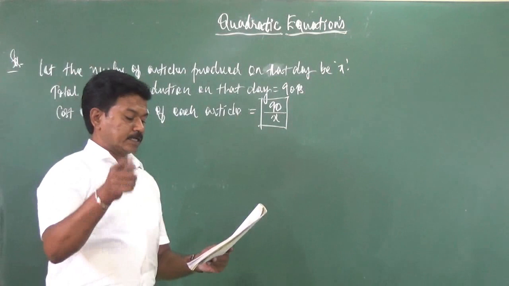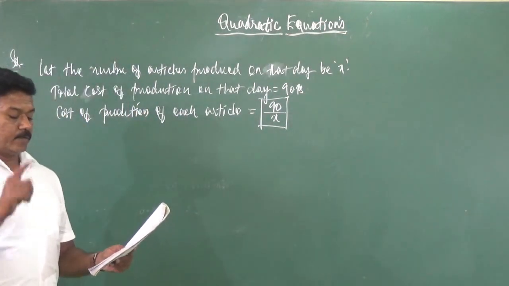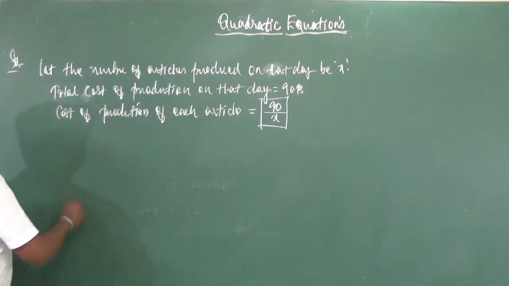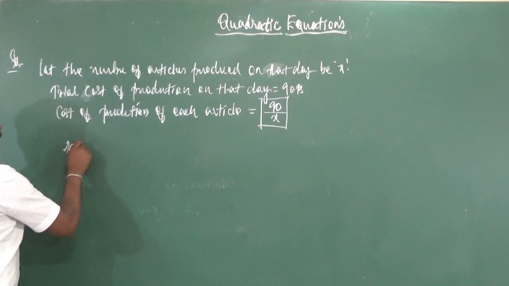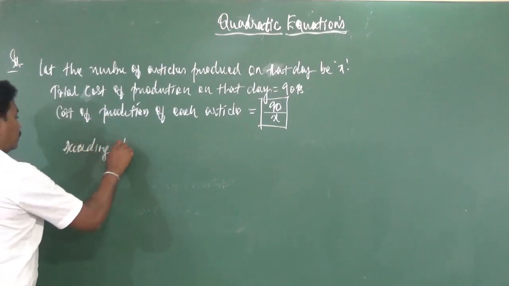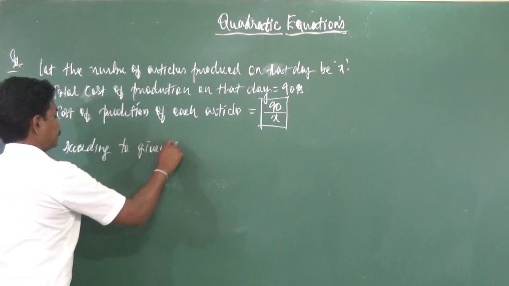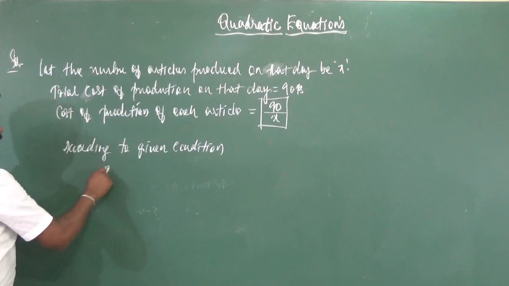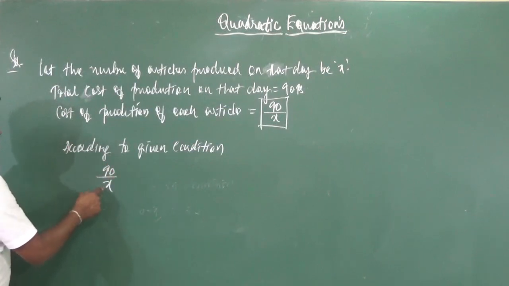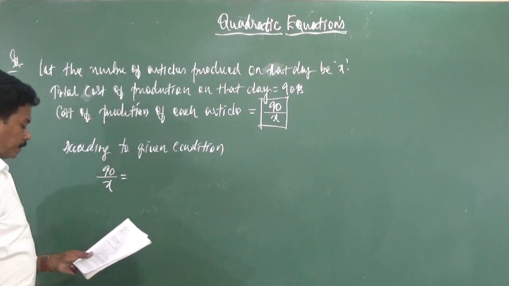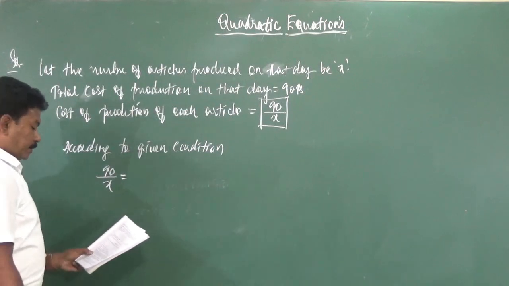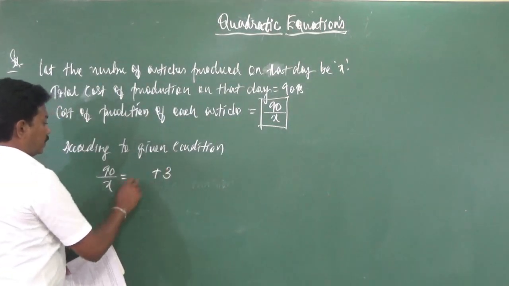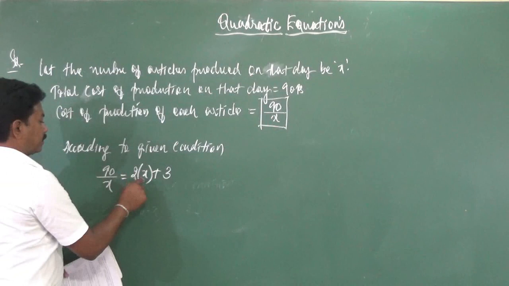Now, this cost of production on that particular day was 3 more than twice the number of articles produced on that day. So we will write this. According to the given condition, the cost of production of an article produced on that day, 90 by x, was 3 more than twice the number of articles, where the number of articles is x.